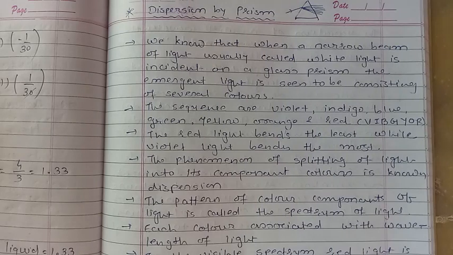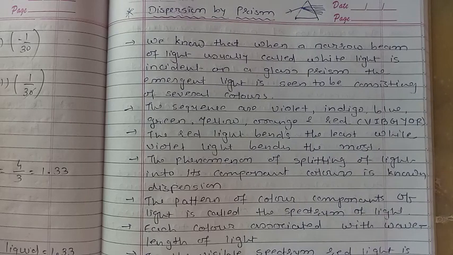This dispersion takes place due to the refractive index of a medium being different for different wavelengths of color. We already discussed the values of wavelength: red has a long and violet has a short wavelength.